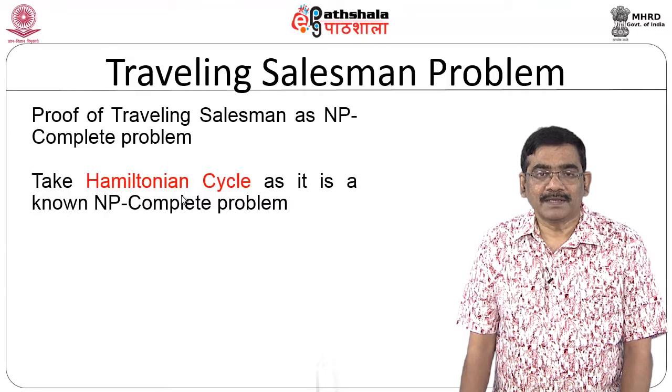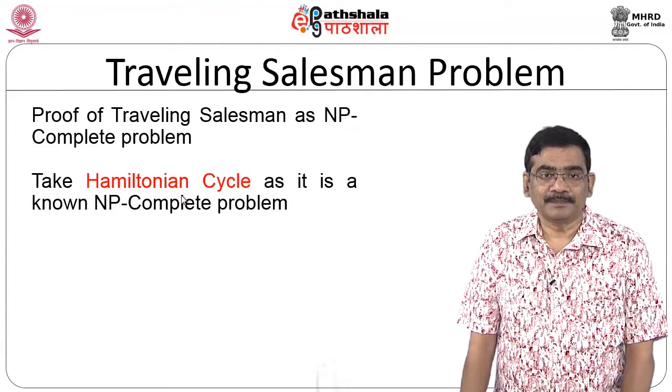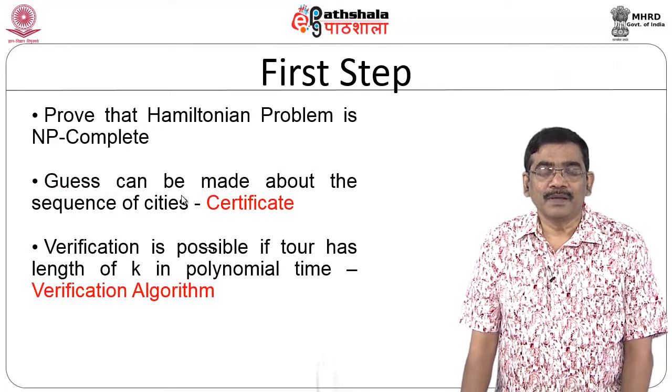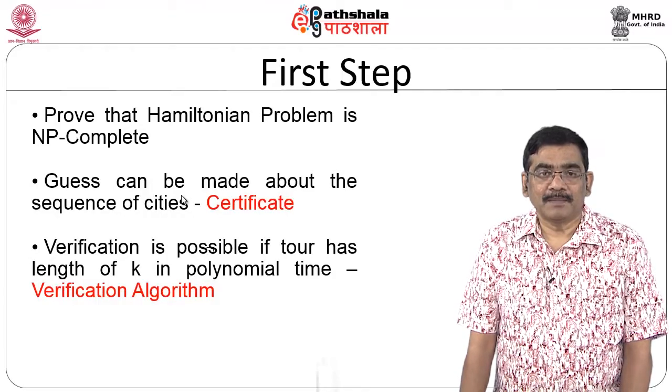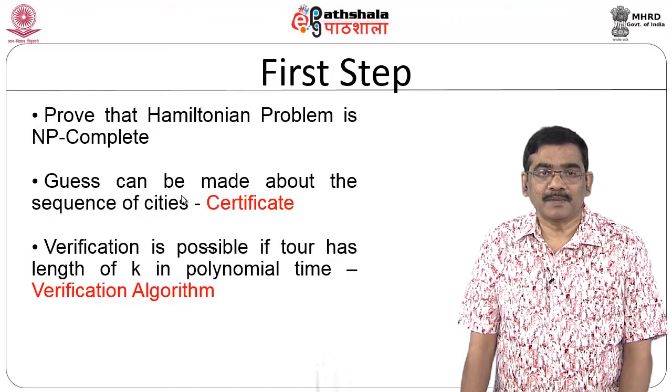A Hamiltonian cycle is a cycle where you start from a city, visit all other cities only once, and then come back to the city where you started. So, what we have to do now is prove the traveling salesman problem is NP complete. So, we take a well known NP complete problem, that is Hamiltonian.